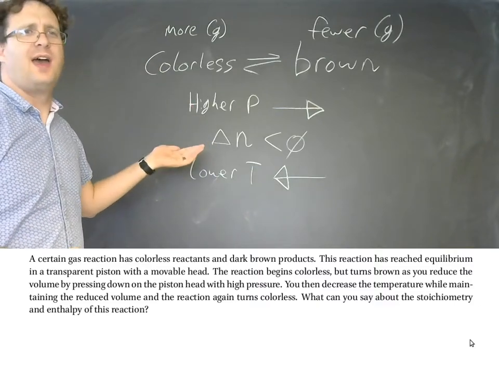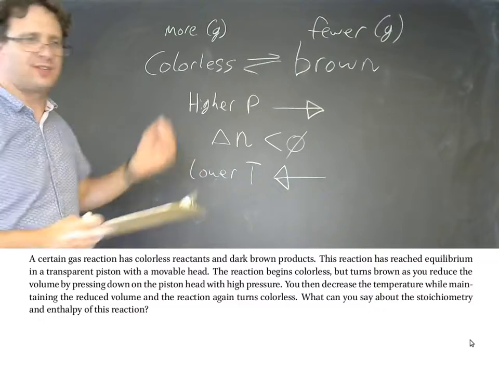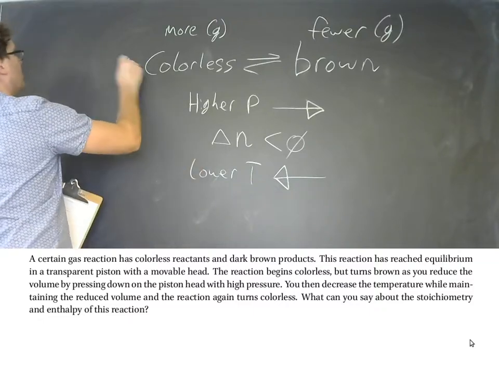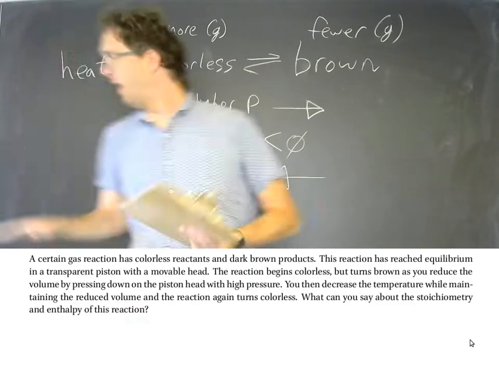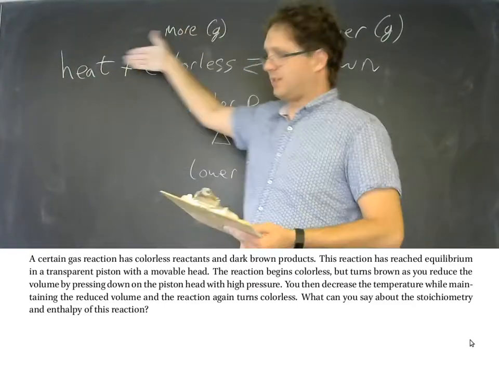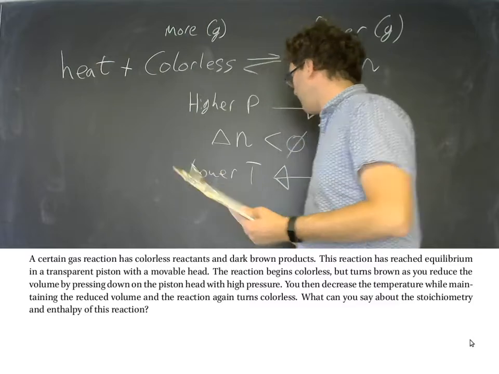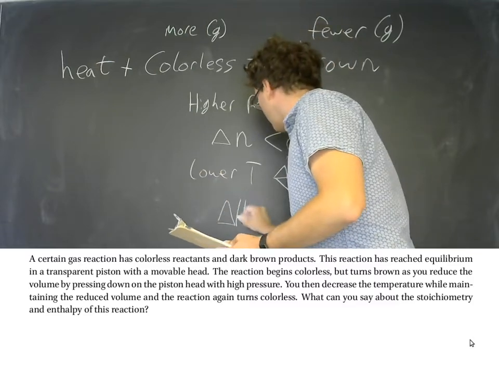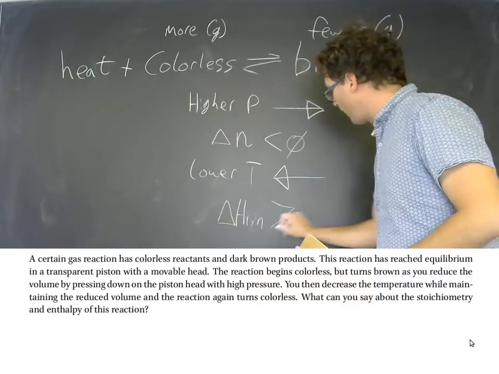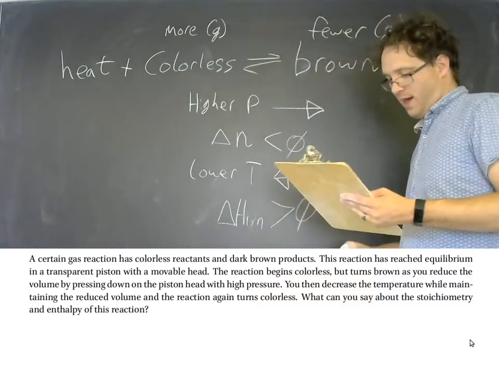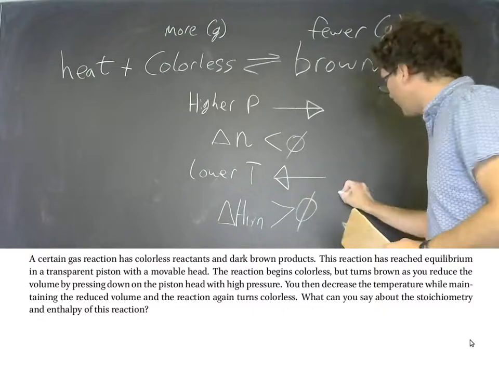And so the reaction should shift to the side where heat belongs. We'll write heat here as a reactant, right? I lowered the temperature and it shifted left. And so that means that delta H for this reaction is greater than 0. This is an endothermic reaction.